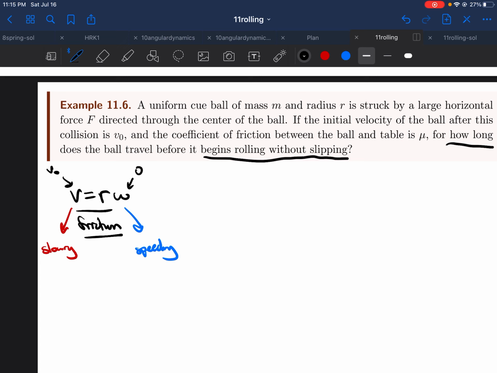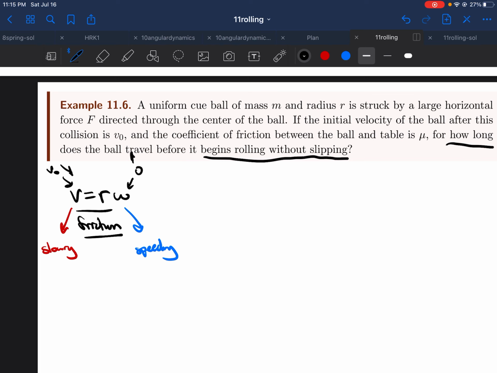So we just have to find the median where omega increases to a certain point while v naught decreases to a certain point, and find the amount of time for it to reach that median where this equality is satisfied.